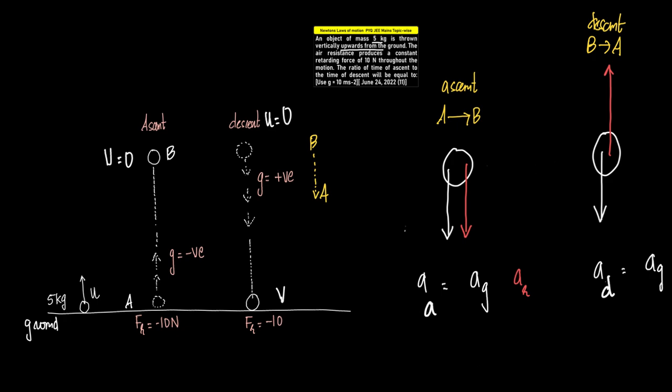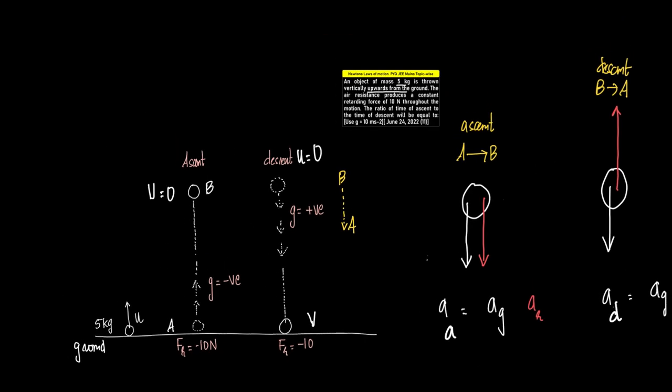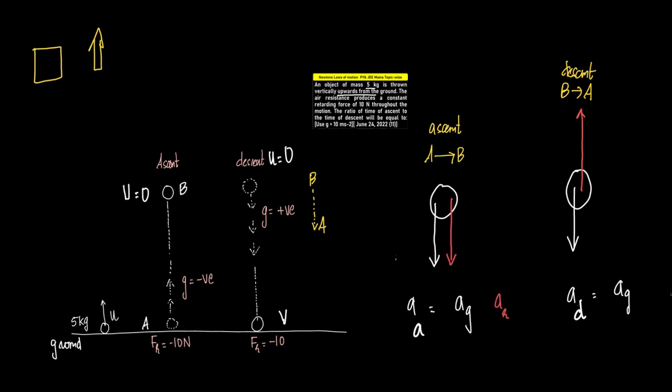If we were to use the concept of a free body diagram here, if I take an object, assume this to be the object here. I think it's better that we take these cases individually, and things will become more clear to you. So as of now, let's just try to understand this.